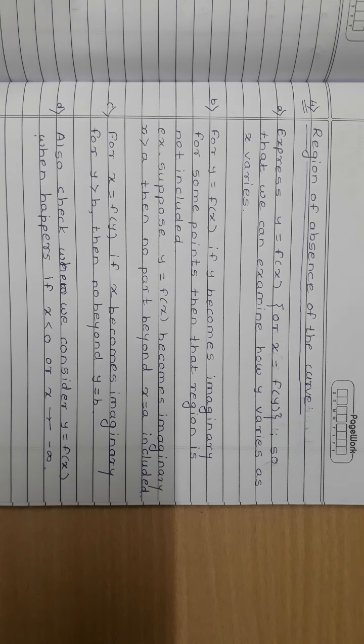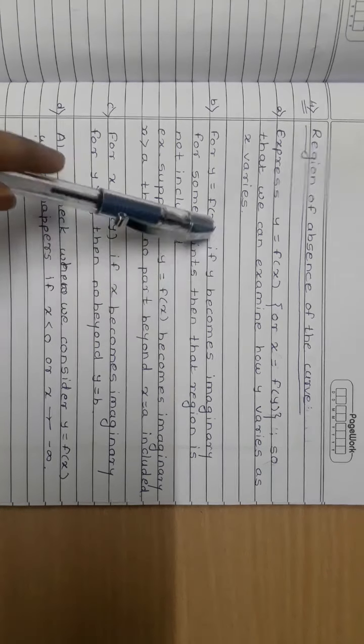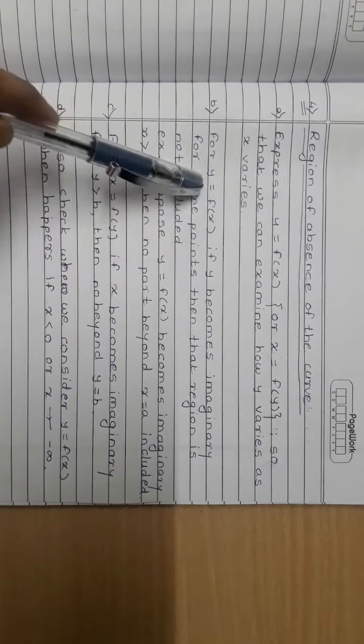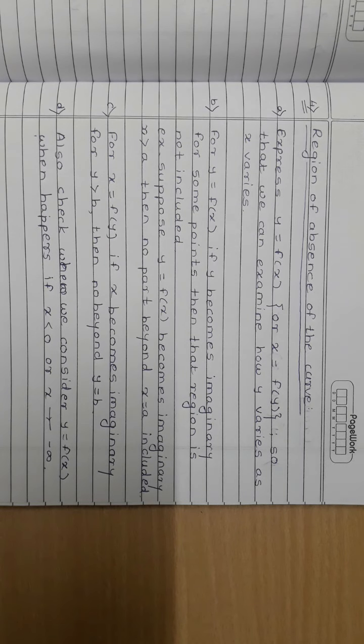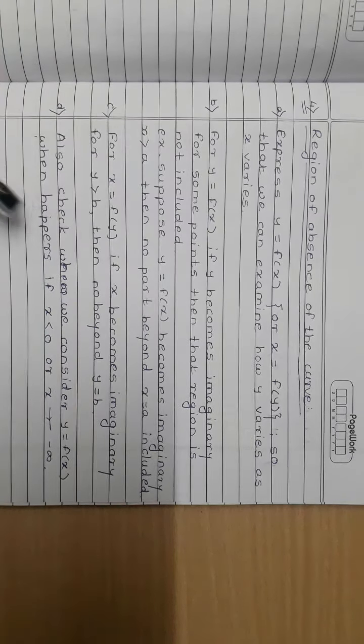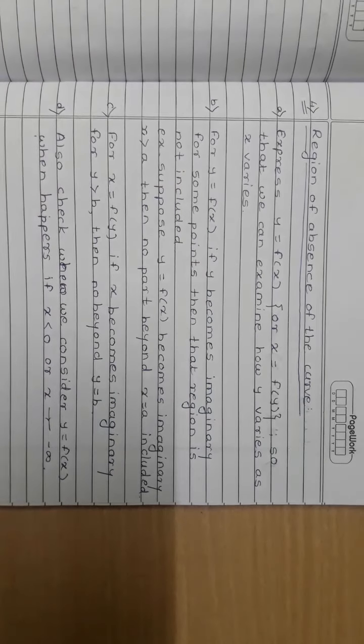Because suppose I have a curve like y square equal to f of x, and for some values of x, y square becomes negative. Then y is imaginary, because no real number has a square equal to a negative number. So surely the part for which it becomes negative is absent in our curve, right? That's why it is important to express it in this format.